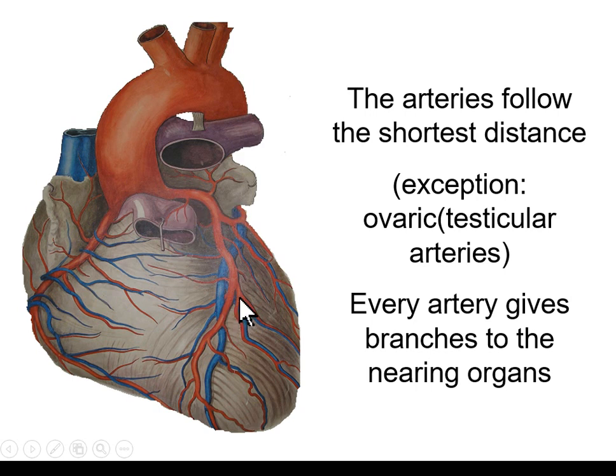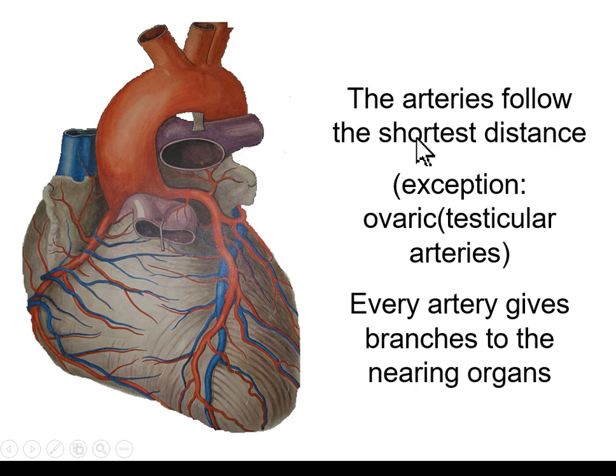From the heart, left ventricle originates aorta. The beginning part of the aorta is called aortic bulb. From the aortic bulb originate very important arteries, right coronary artery and left coronary arteries, which blood supply the heart.